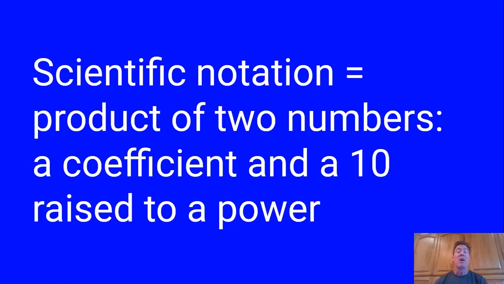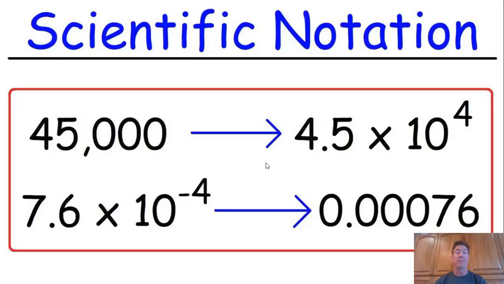Scientific notation is the product of two numbers, a coefficient and a 10 raised to a certain power. So this is what it will look like. Let's say I want to express the number 45,000 in scientific notation. I'm going to reduce this number to a number between 1 and 10. So it's going to be greater than 1 but less than 10.